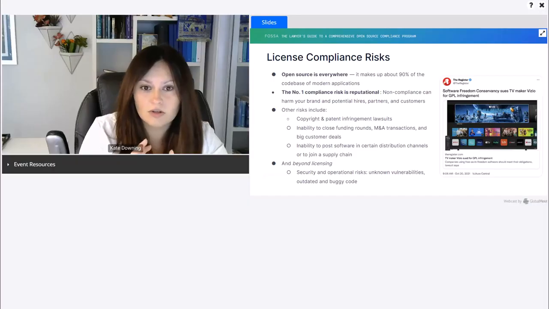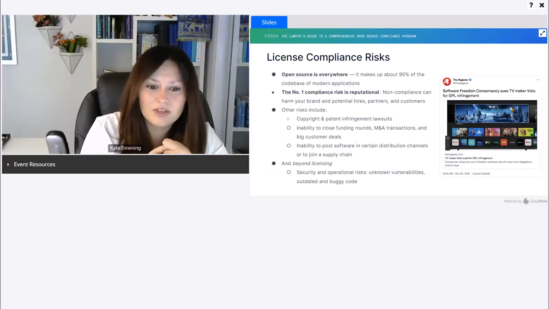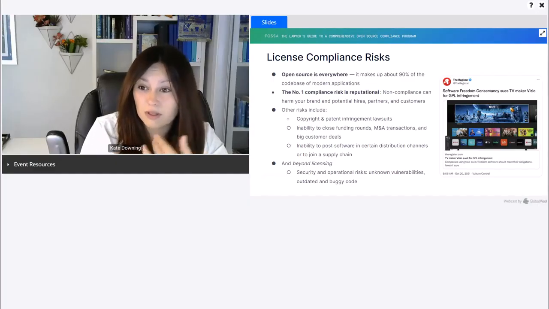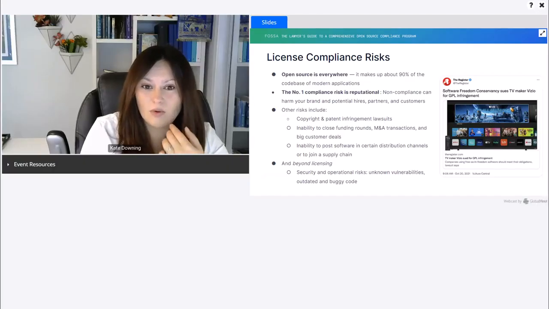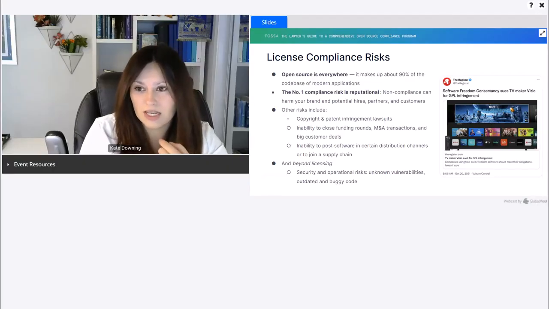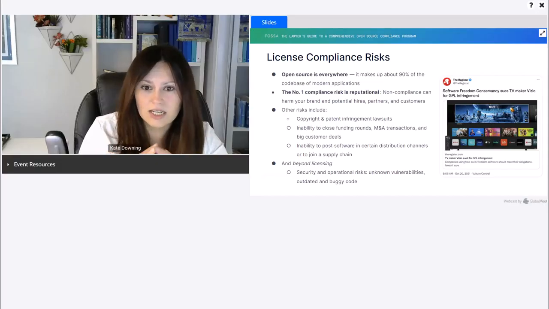And further, you may be asked for proof that you have a policy, proof that you're actually providing people attribution files, proof that you're actually making offers of source code and following through when you get requests, right? You're actually going to need to show that you're doing all the right things as part of that due diligence.